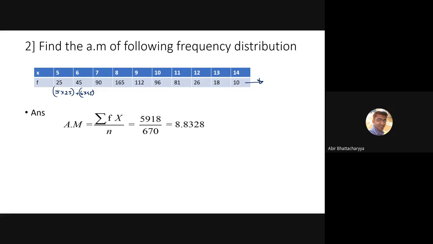Summation of fi xi means this part: this is your x1, f1, this is x2, f2, this is x3, f3. So just add each of the terms: 7 times 90 plus 8 times 165, like that only. Okay, do it.